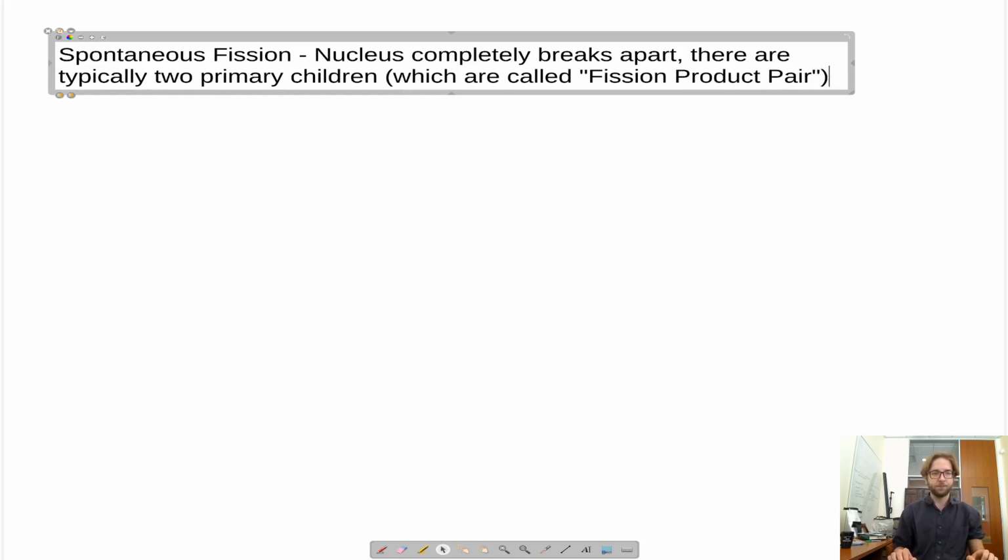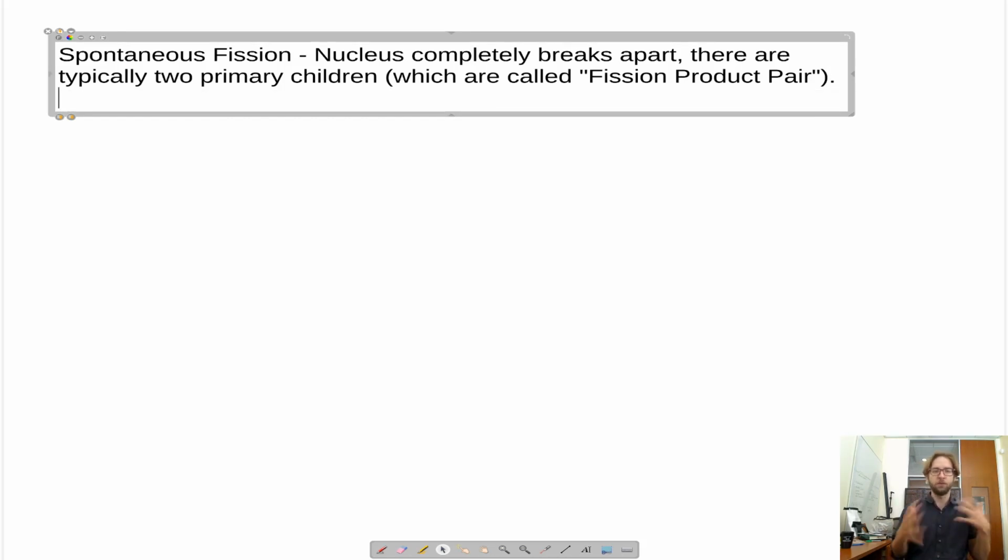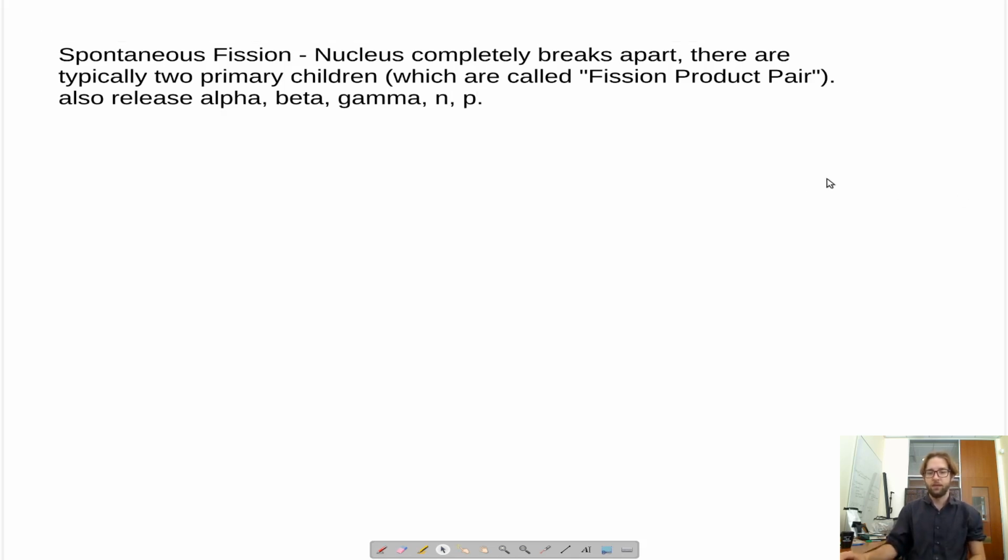They also release an assortment of other subatomic particles, like neutrons and protons, and alphas, betas, and gammas, but they're not the major species. So it also releases alpha, beta, gammas, neutrons, and protons.